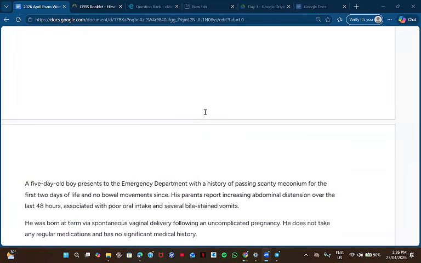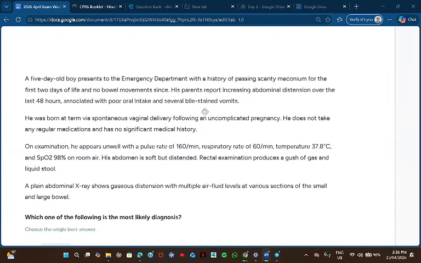A 5-day-old boy presents to the emergency department with a history of passing scanty meconium for the first 2 days of his life and no bowel movement since. His parents report increasing abdominal distension over the last 48 hours, associated with poor oral intake and several bile-stained vomits. He was born at term by spontaneous vaginal delivery following an uncomplicated pregnancy. He does not take any regular medications and has no significant medical history.